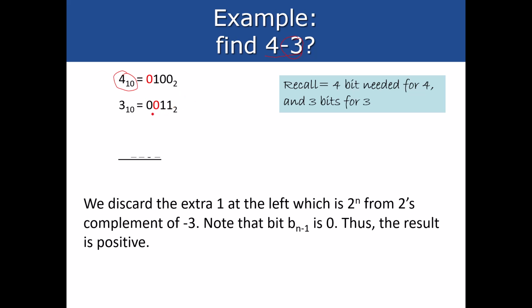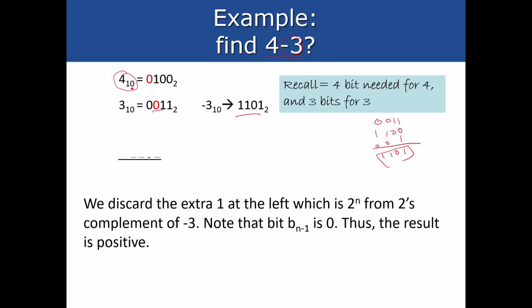Now we need to convert this one using its 2's complement, and how are we going to do it? Remember, we take the number 0, 0, 1, 1, get the 1's complement, and then add 1 to get 1, 1, 0, 1. So this is negative 3. You can see it here.